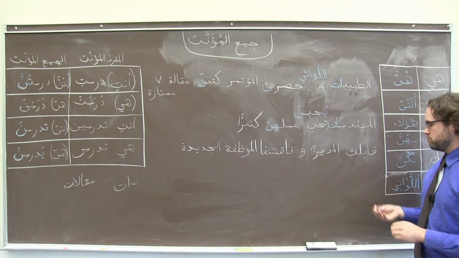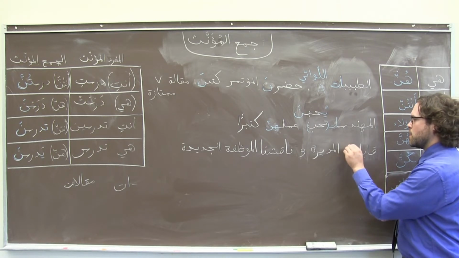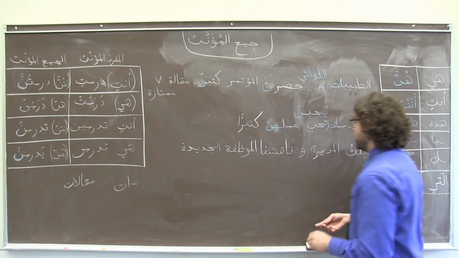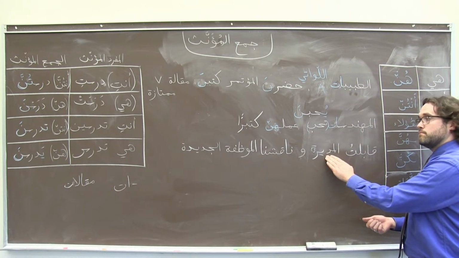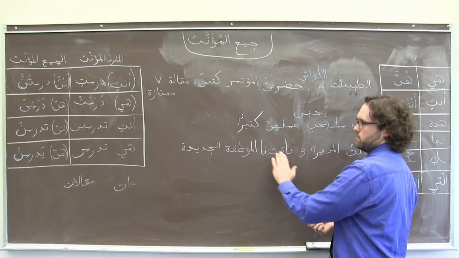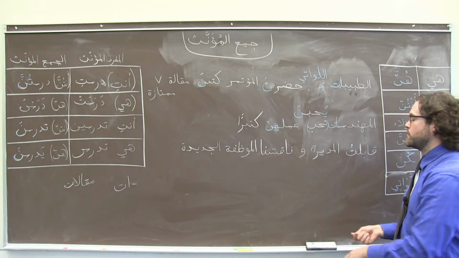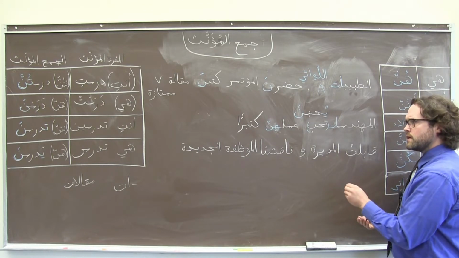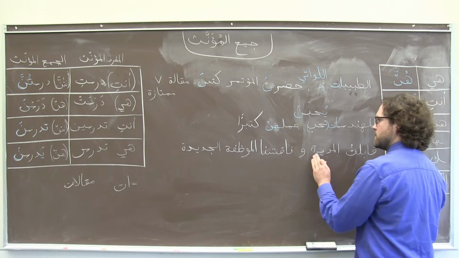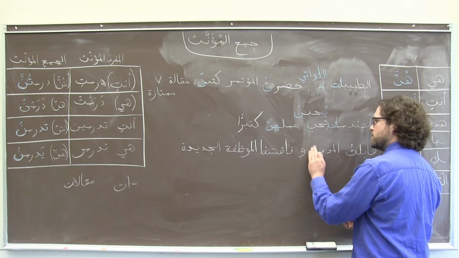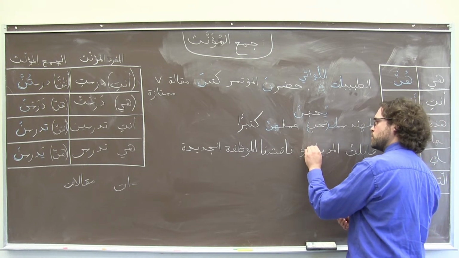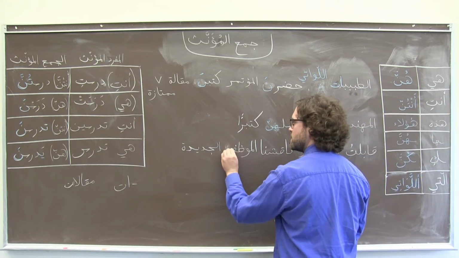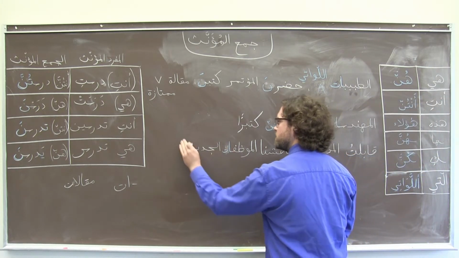Finally, let's say I met قابلت المديرة وناقشنا الموظفة الجديدة. I met the director and we discussed the new employee, and the director and the employee here are feminine. So here we're only going to change the nouns. قابلت المديرات, the female directors, and we discussed the new female employees.